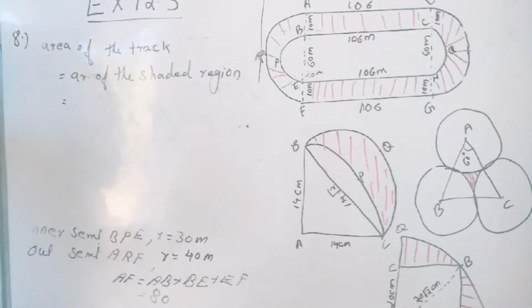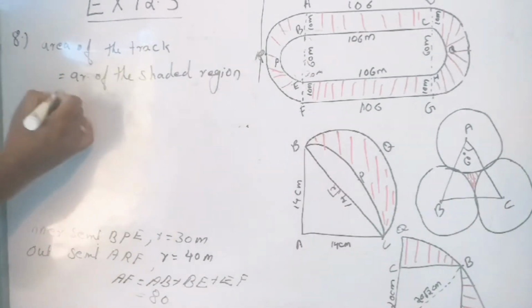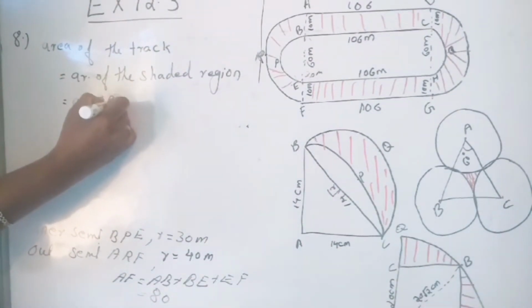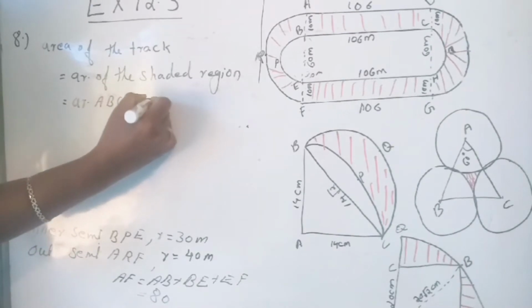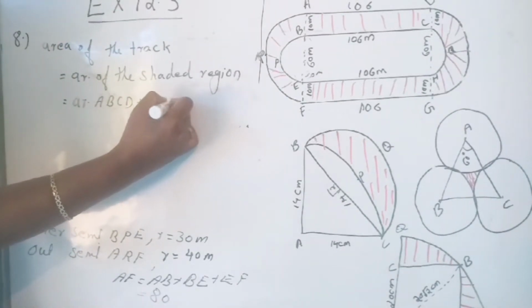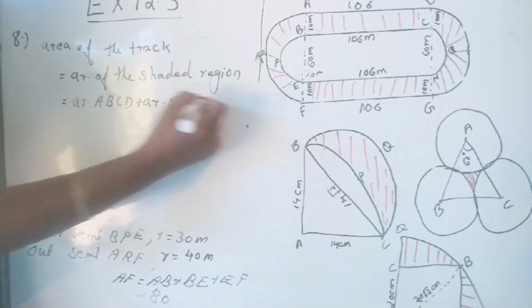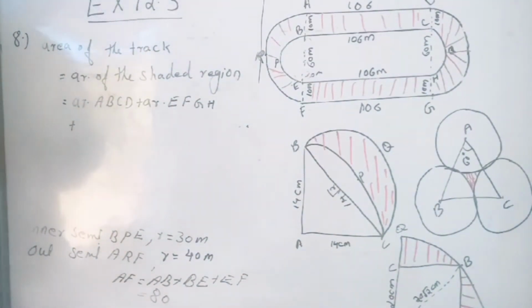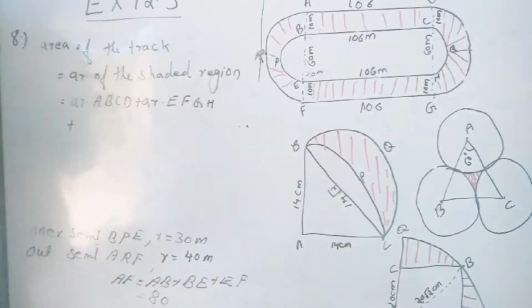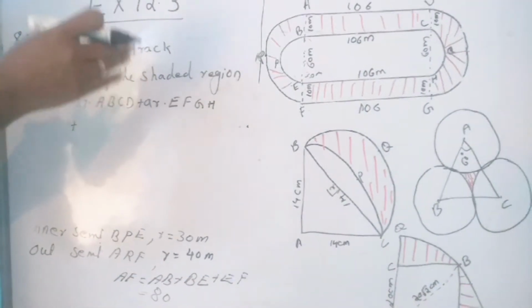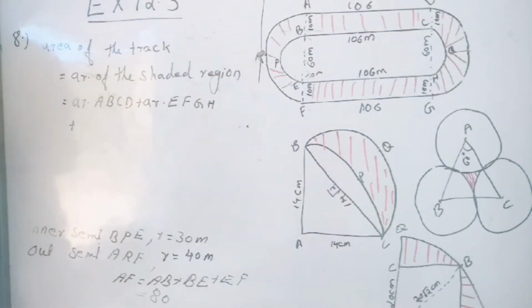Now, area of the shaded region, that is area of rectangle ABCD plus area of rectangle EFGH plus, okay, on the left end and right end we have circular ends, and we know that the radius of the inner and outer semicircle on the left and right are equal.